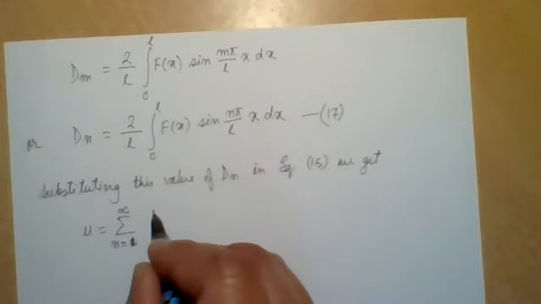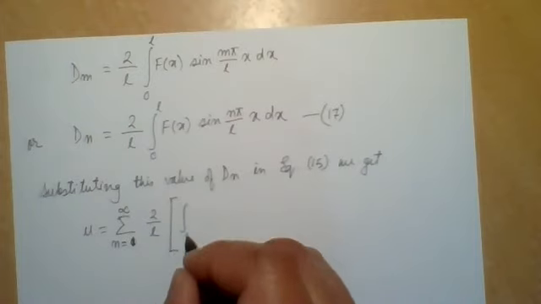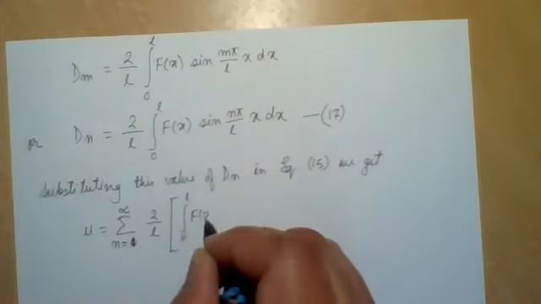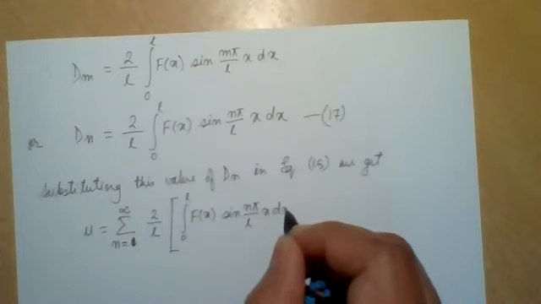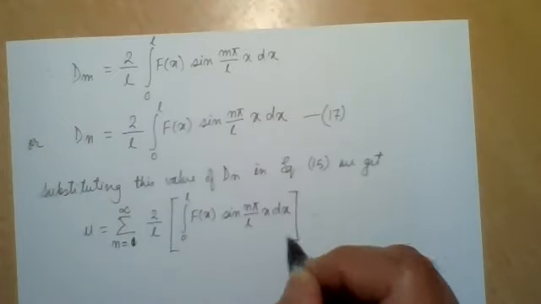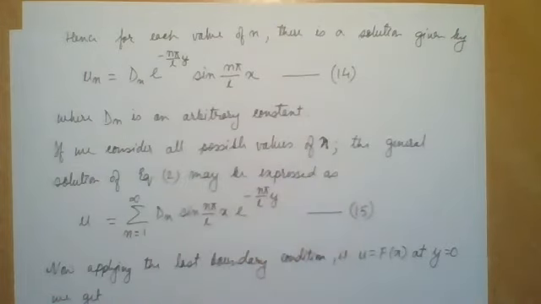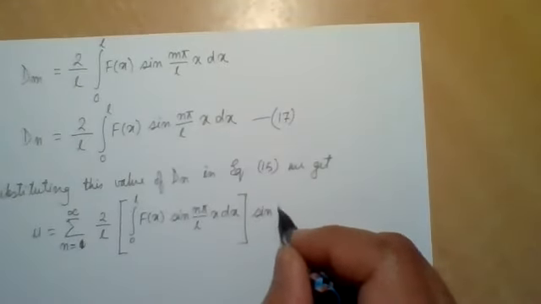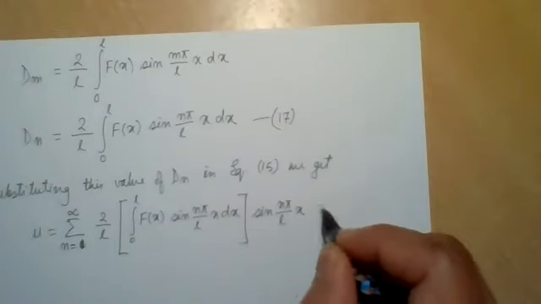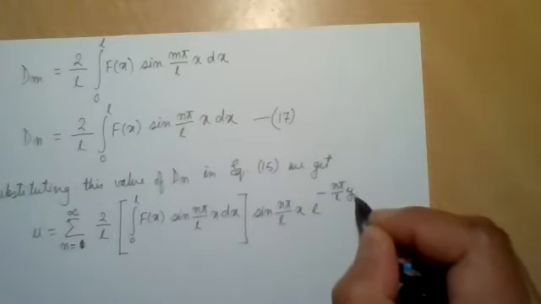So this is 2 by L integration 0 to L f(x) sin(n pi x by L) dx multiplied by sin(n pi x by L) e to the power minus n pi y by L.